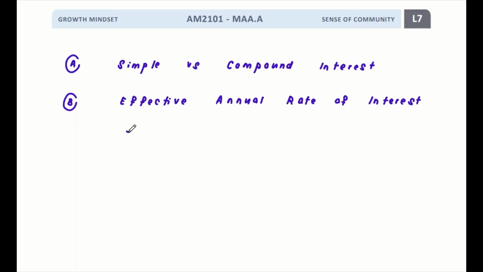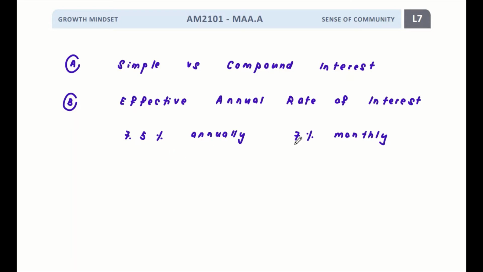For example, if you have 7.5%, maybe compounded annually, and in the other case you have 7%, compounded monthly. In this case, you know that 7.5% is going to give more than 7%, but compounded monthly is going to give more compared to annually.